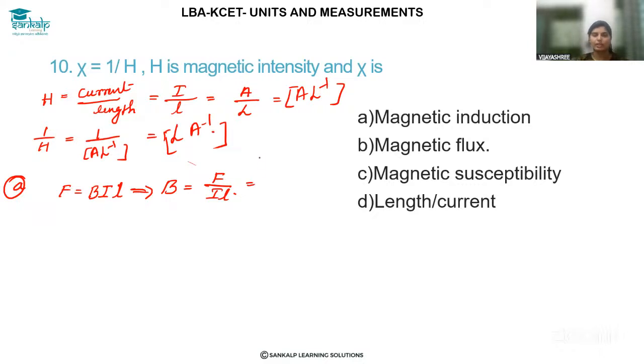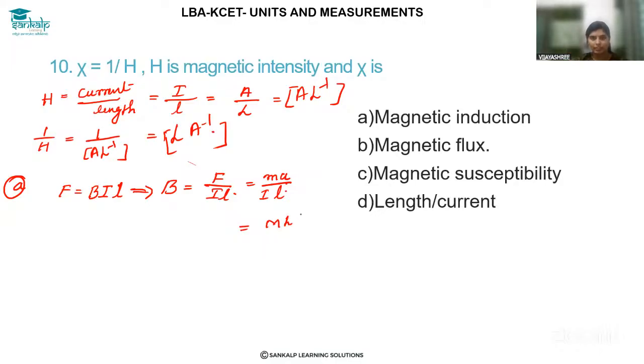Now force, we have done this frequently. Force is equal to mass into acceleration, divided by current into length. The dimensional formula of mass is M. Acceleration means meter per second square, that is length time raised to minus 2.